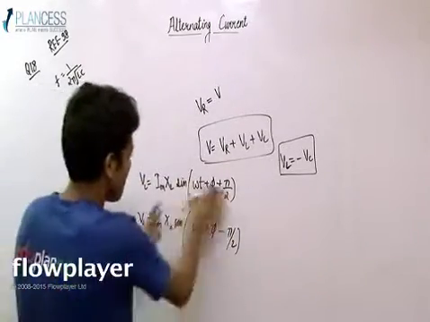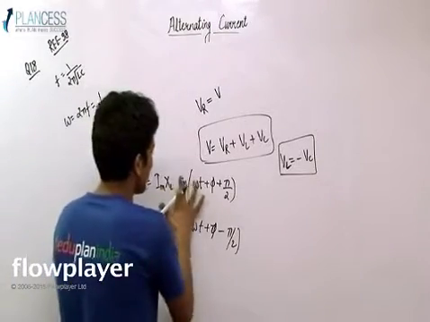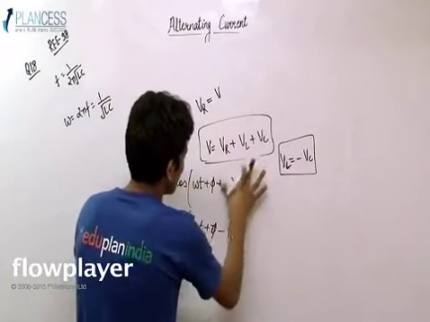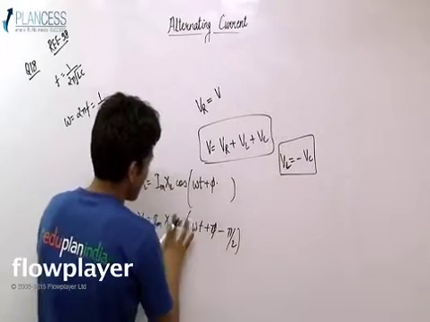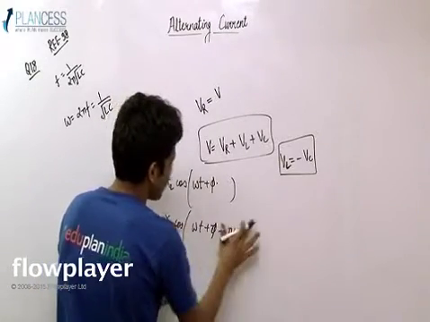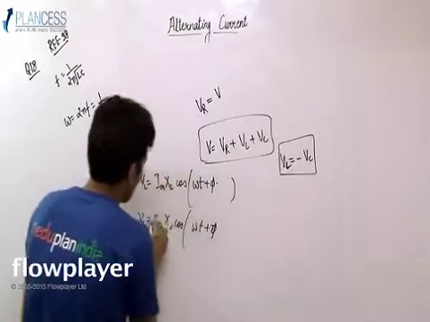So since this is plus pi by 2, this would be taken as cos, and since this is minus pi by 2, this would be taken as cos with a minus sign.